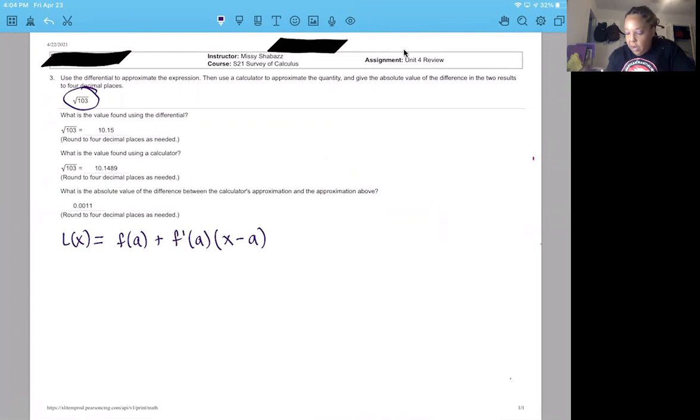So the closest one I'm going to say is 100, and I'm going to have f of x equals x to the 1/2 because I know the square root of 100. So if f of x is equal to x to the 1/2, then f prime of x is equal to 1/2 x to the negative 1/2.